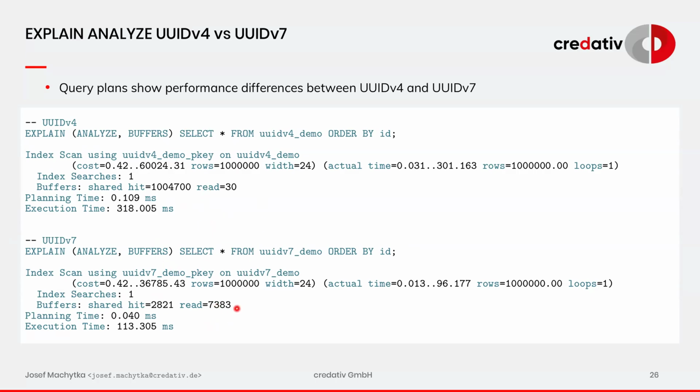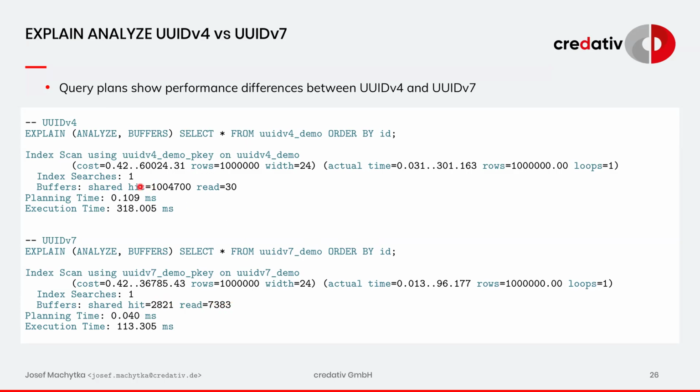Although here we see reads, we can also see that for extracting those records for UUID version 7, Postgres needed only a relatively very small number of reads from shared buffers and bigger reads from disk.